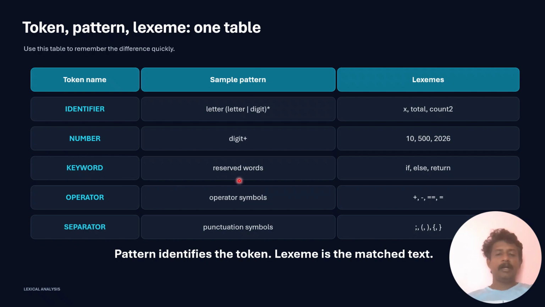Keywords include if, else, return, void, and so on. Operators include plus, minus, equals, double equals, division, and multiplication. So remember, the pattern is the rule, the lexeme is the matched text, and the token is the category name.